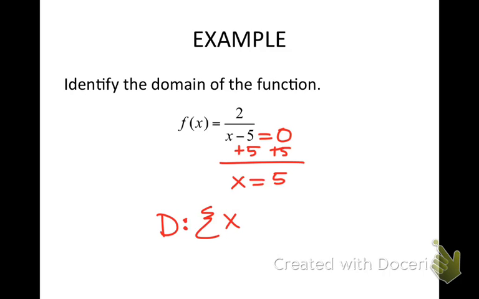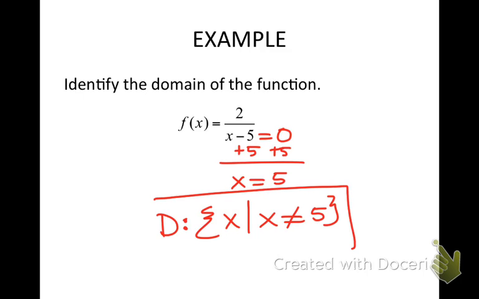Remember that bar means the word such that x does not equal 5. And that would be your answer to the domain, right? Okay, a little bit easier than doing our union of intervals.